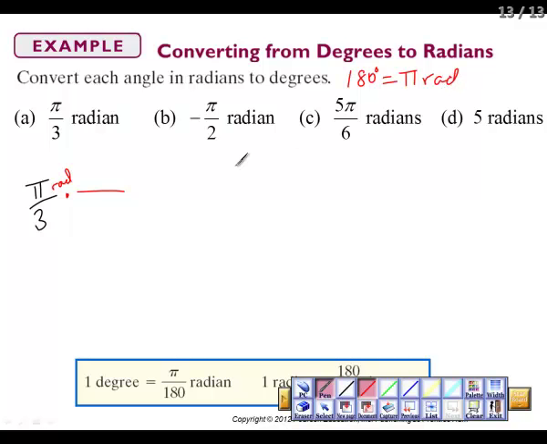So we want the pi radians in the denominator, and that would be 180 degrees in the numerator. And so the radian units cancel. In this case, the pi also cancels. And so we know that 3 can go into 180, and that's going to be 60 degrees. And so that's our answer.